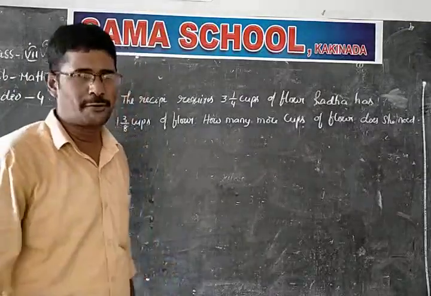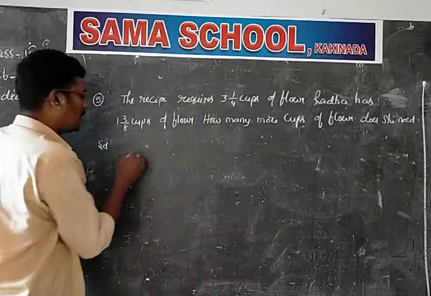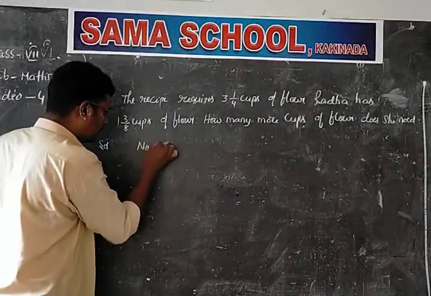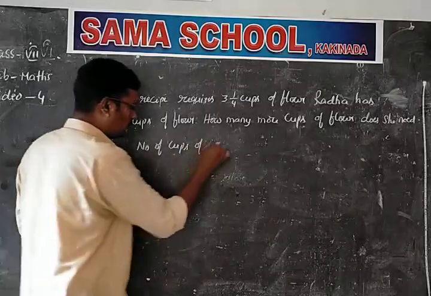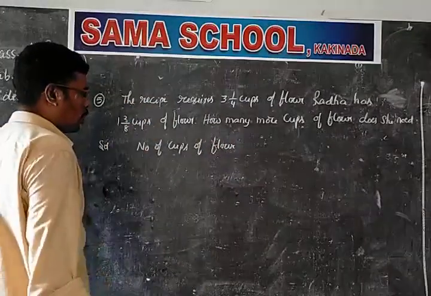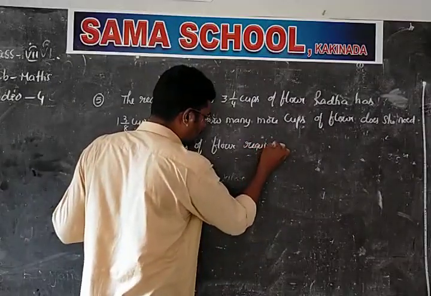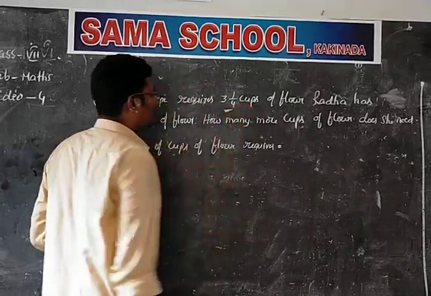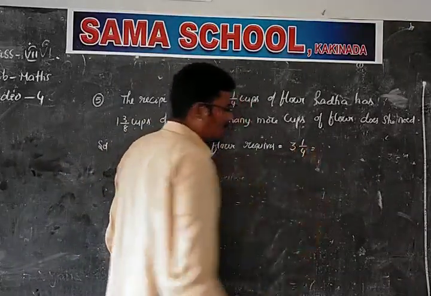So carefully listen, all of you. A very, very important sum. Solution: the number of cups of flour required is given as 3 1/4.